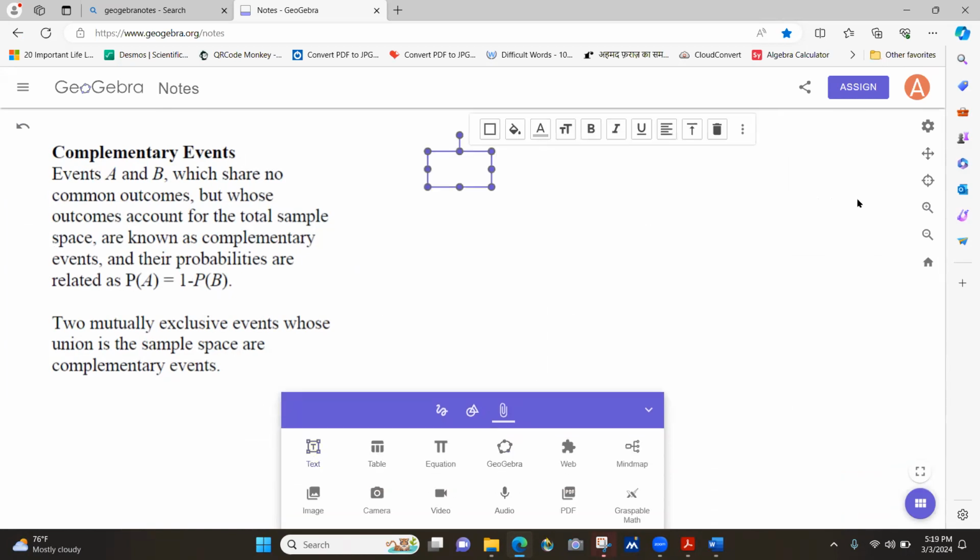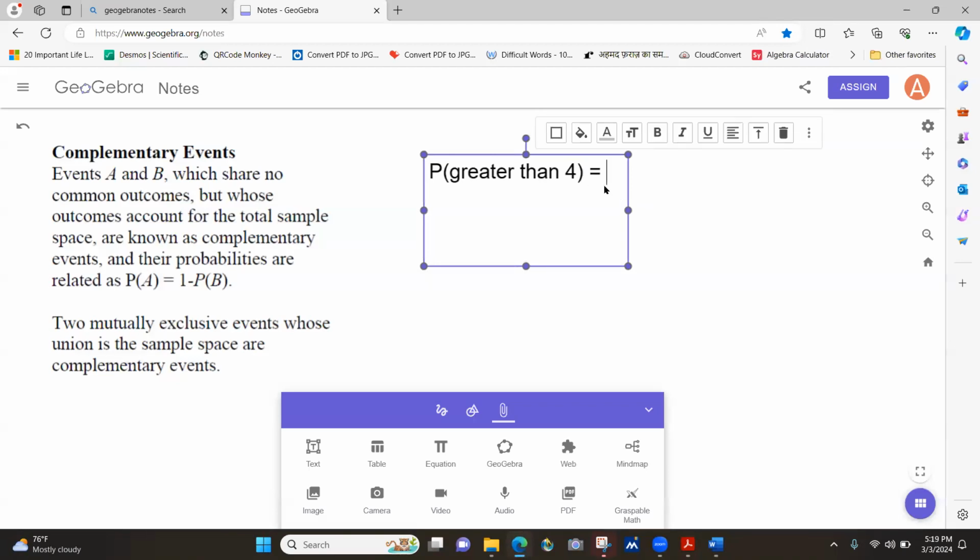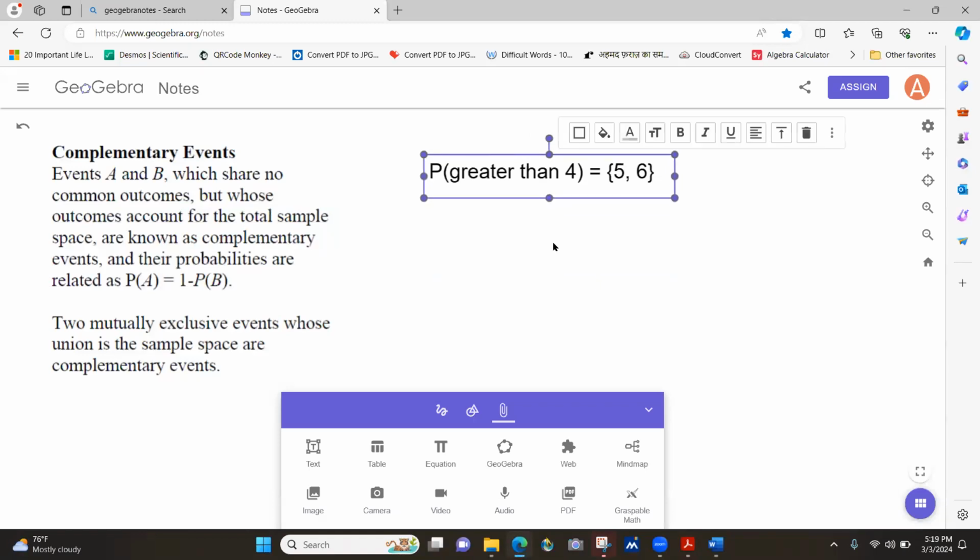What's the probability of getting a number greater than 4 when you're rolling a die? That means greater than 4, you can get 5 or 6, right?